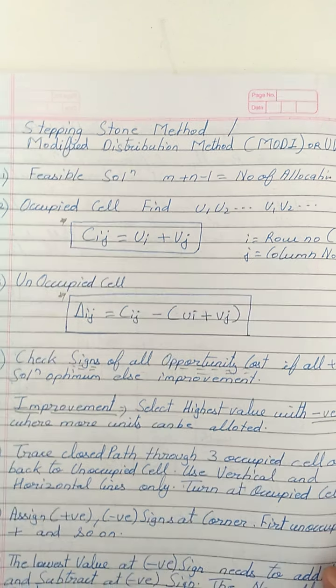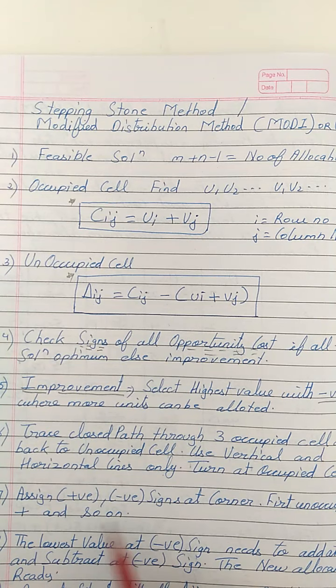After assigning, you will get corners which have either a plus sign or a minus sign. Out of those corners, select the corners which have negative signs.